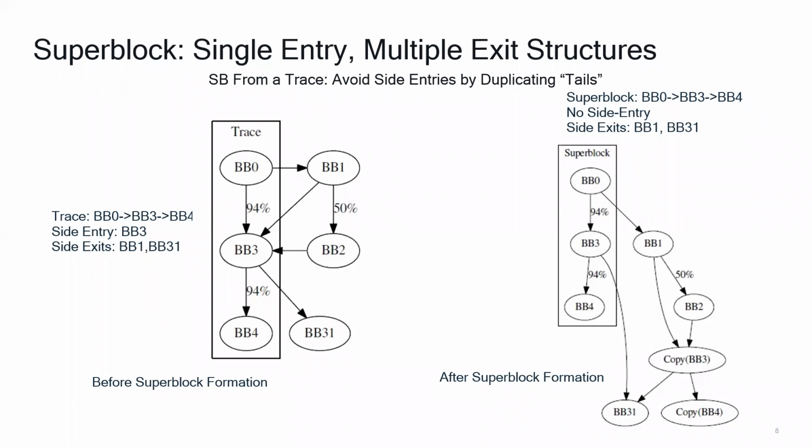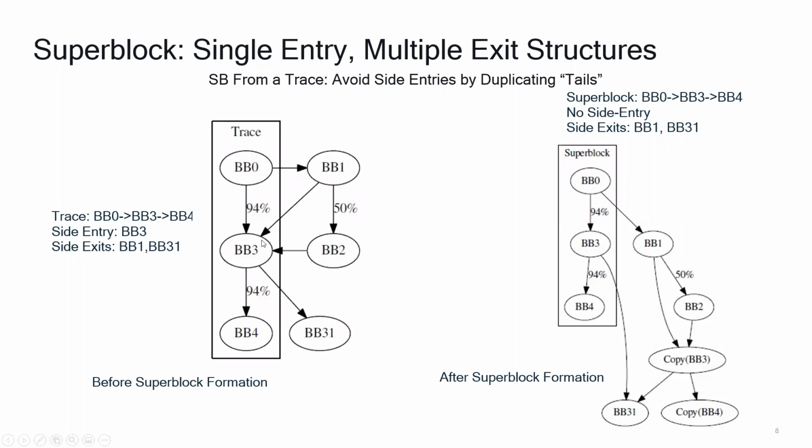From BB1 there is, yeah, BB1 to BB3. Yes, Vaibhav. So BB3 is a side entry here, because we can enter BB3 from an off trace basic block BB1 or an off trace basic block BB2. So BB3 is a side entry.